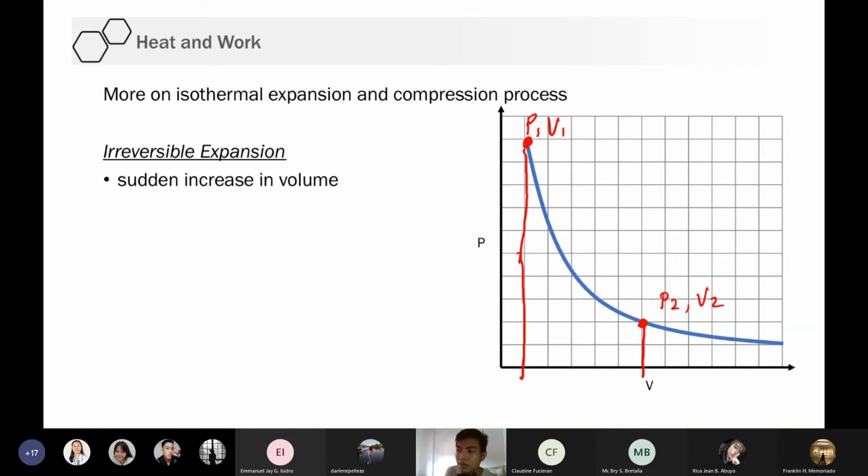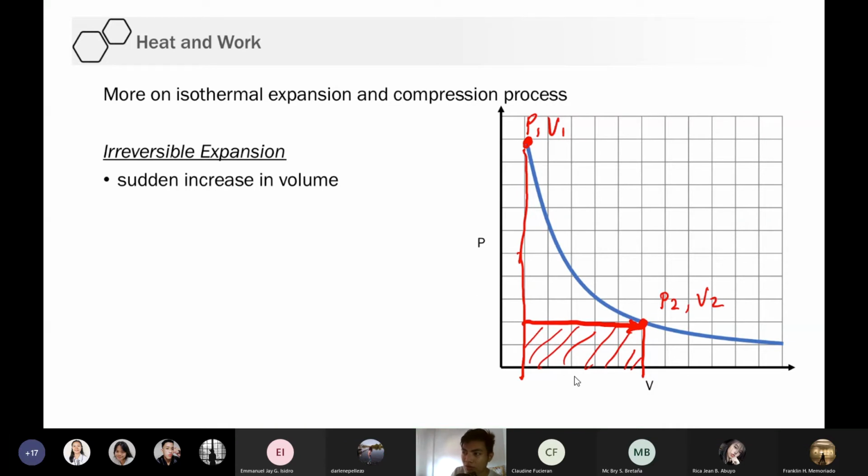Kapag sinabing sudden increase, biglaan yung increase. So biglaan, tinulak mo bigla. Pag tinulak mo bigla, ang gagamitin nating equation ay ito, yung area nito. Kapag sudden increase, yung area from this to that is, yun yung equation.